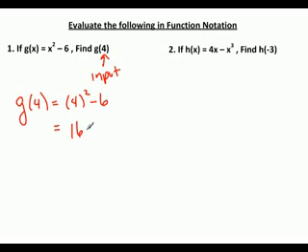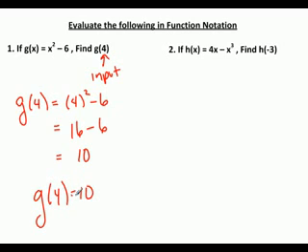So this is going to be 16 minus 6, which gives me 10. So g of 4 equals 10. If I input a 4, my output's 10. This is the same thing as saying that the point (4, 10) lies on this graph, my input and output.